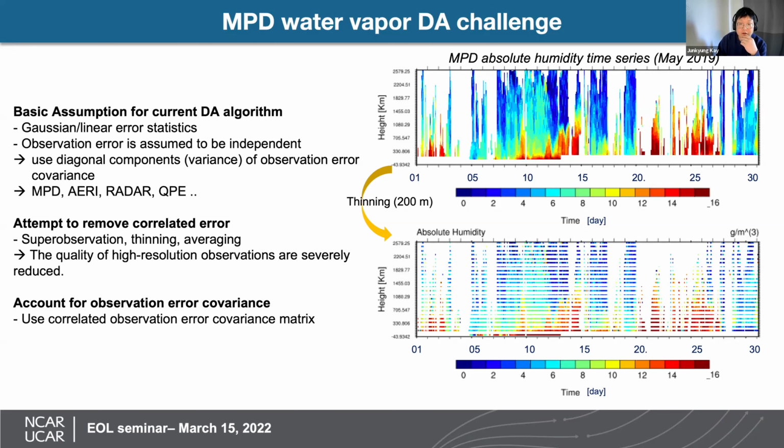It contains a lot of very important information. However, after thinning this observation for our data assimilation experiment, the lower panel shows that the thinning lost a lot of information. So we cannot make full use of this high resolution MPD profile.